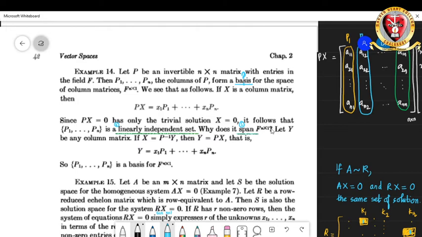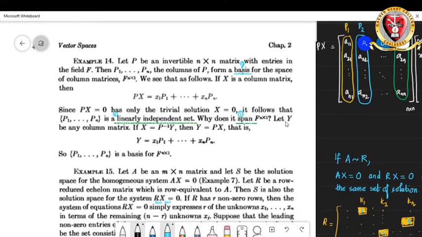Why does it span Fn cross 1? That is a question. For that, let Y be any column matrix. Suppose X is equal to P inverse multiplied by Y, then Y is equal to Px. Right. So that means Y is equal to x1 p1, etc., xn pn.